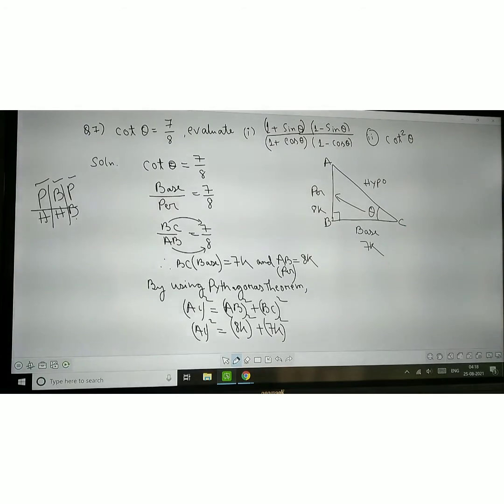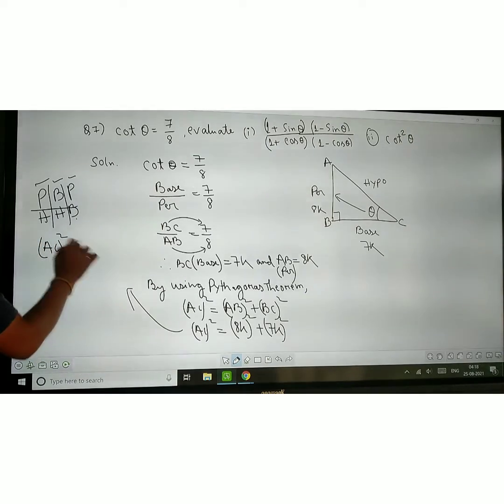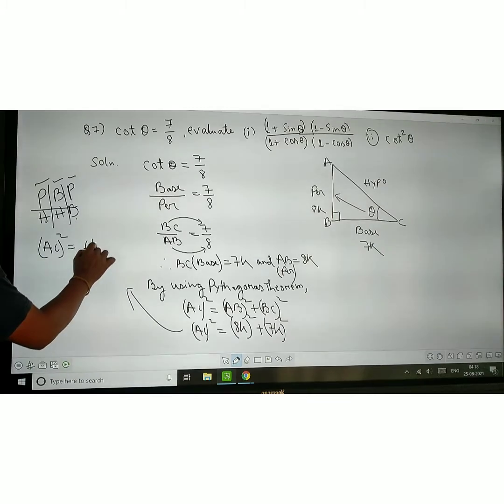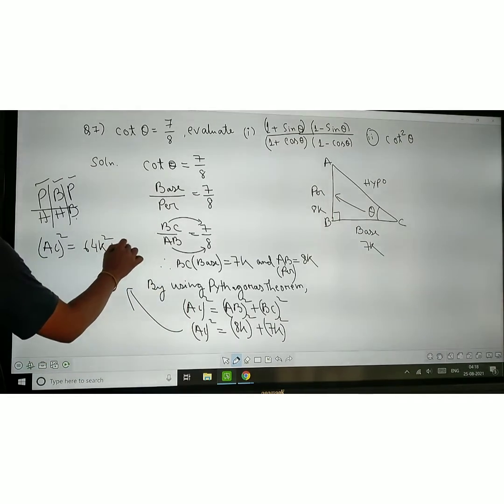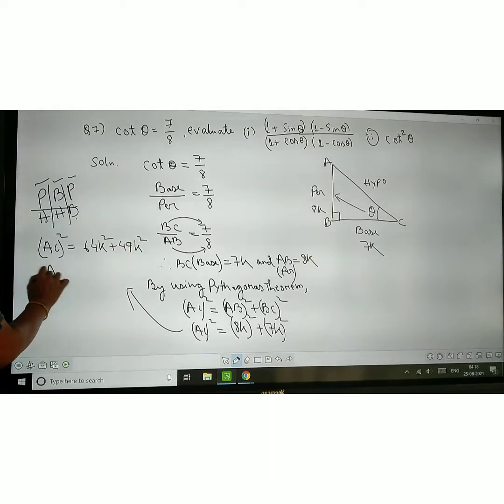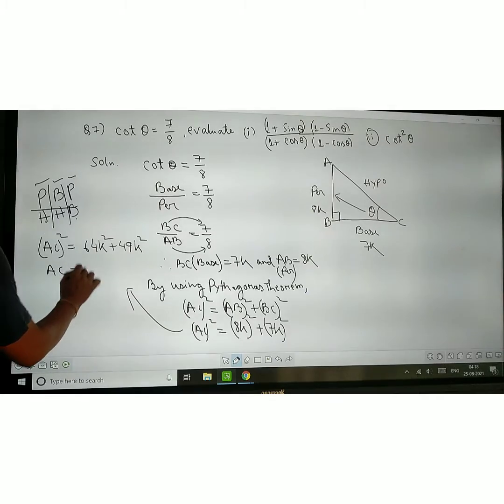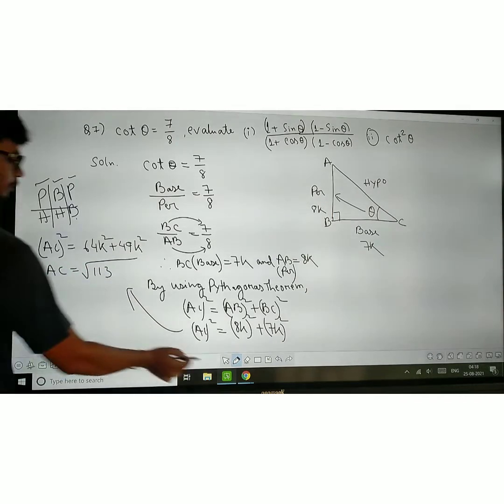Now next line, AC square is equal to 8 into 8 is 64, 64K square plus 7 sevens 49, 49K square. Next line, 64 plus 49 is 113, 113K square.